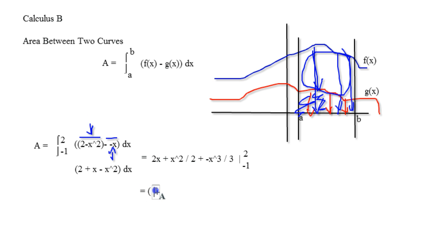As we plug in stuff, we're going to get 4 plus, let me see, 2 minus 8/3, and then we are going to minus negative 2 plus 1/2 plus 1/3.